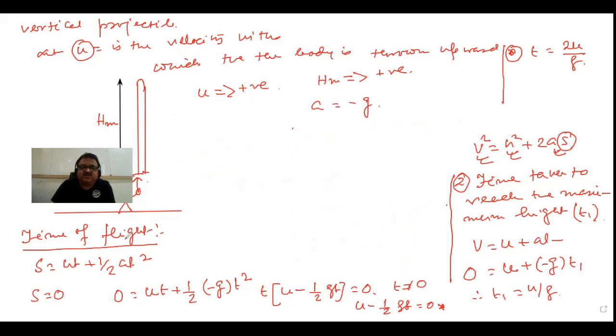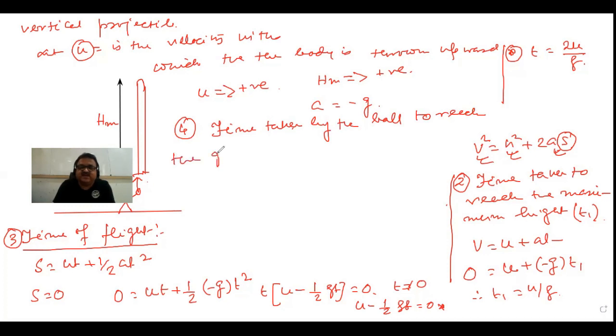This was for time of flight, this is number 3, and number 4 is the time taken by the ball to reach the ground from maximum height.